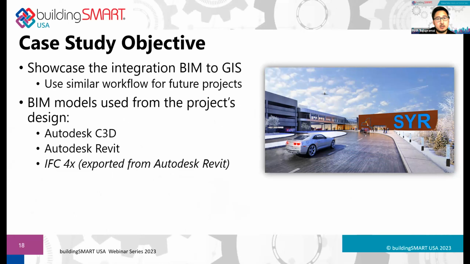The BIM models used from the project are Autodesk Civil 3D, Autodesk Revit, and IFC exports of those models. Another key component to this case study is to show that whether it be a Revit import into GIS or an IFC import into GIS, we're getting the same data.